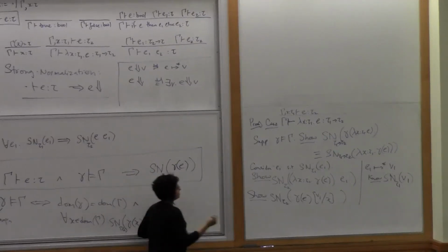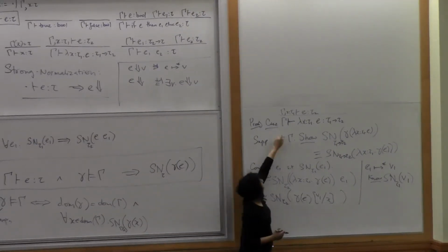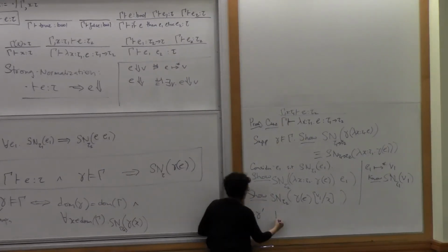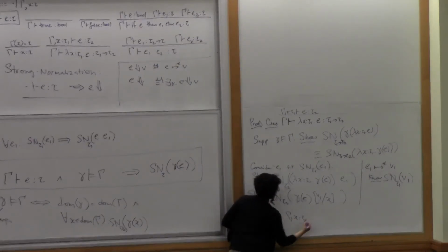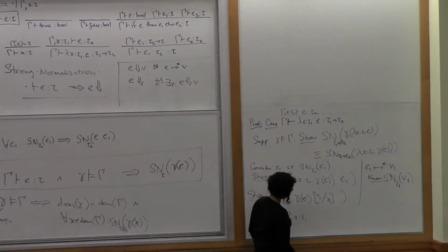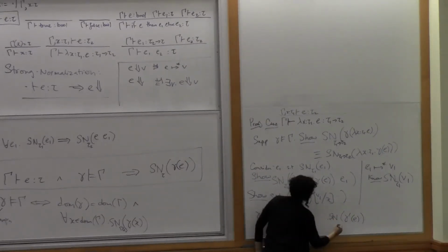We need to supply some sort of substitution that satisfies this extended environment. So we need some sort of gamma prime that satisfies the extended environment gamma, x colon tau 1. If we could come up with such a gamma prime, then by the induction hypothesis, we would be able to conclude that gamma prime applied to E is strongly normalizing at the type tau 2.